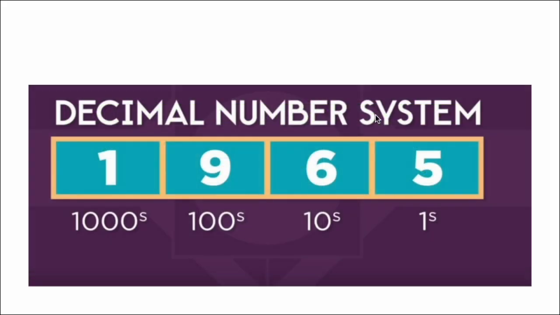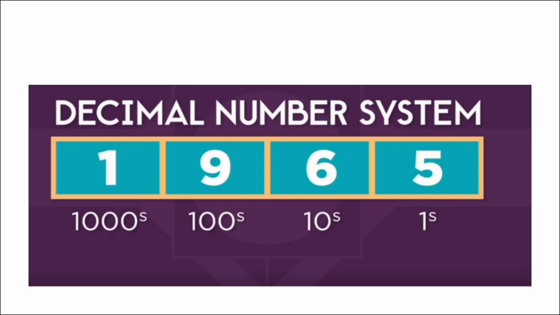Now, like we said, a decimal number system is nothing but base 10, and hence each place value comes from a power of 10. You start from right to left, you get 10 power 0, 10 power 1, 10 square, 10 cube and so on. Whatever digits you put in each of these places, you multiply each digit with its place value and add up all these products. You get the final number.